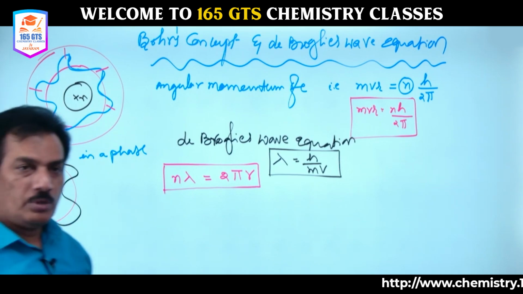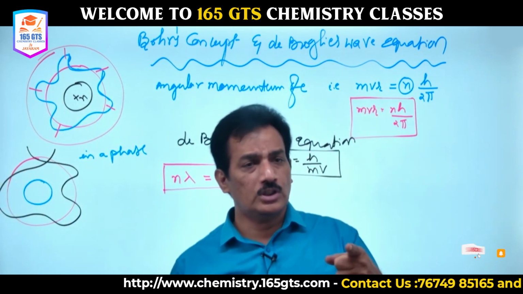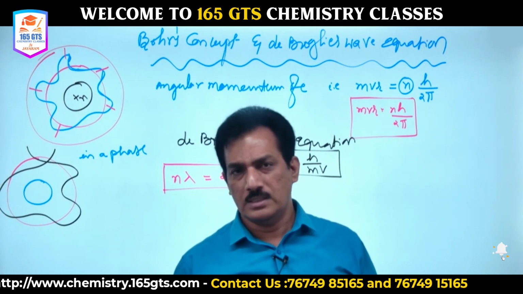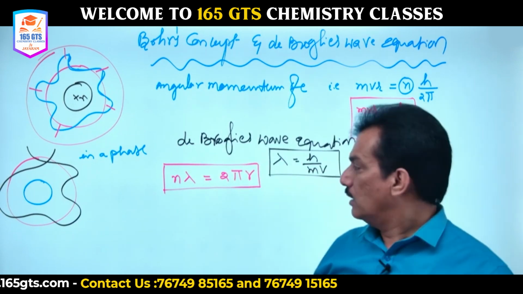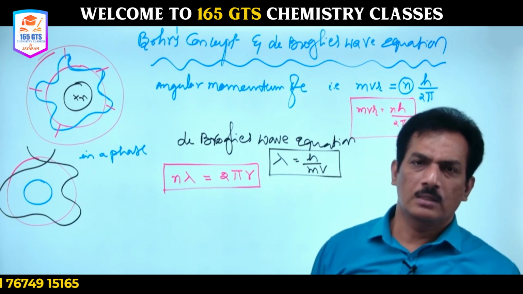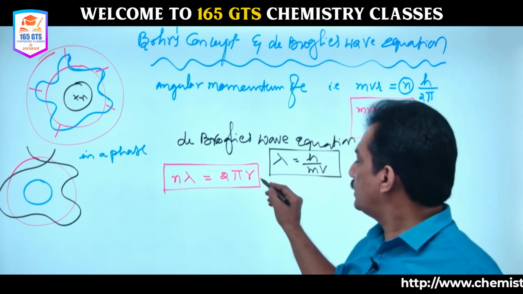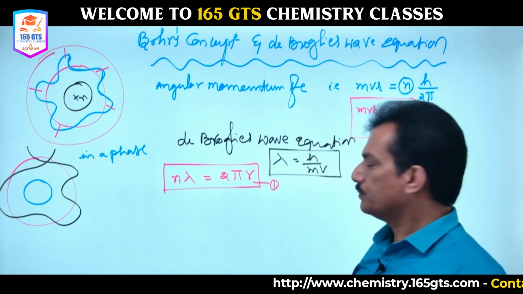In the first orbit only one wavelength will be there, equal to the first orbit circumference. In the second orbit, two wavelengths equal the circumference of the second orbit. Third, three wavelengths, four, like that. This is the condition he proposed.